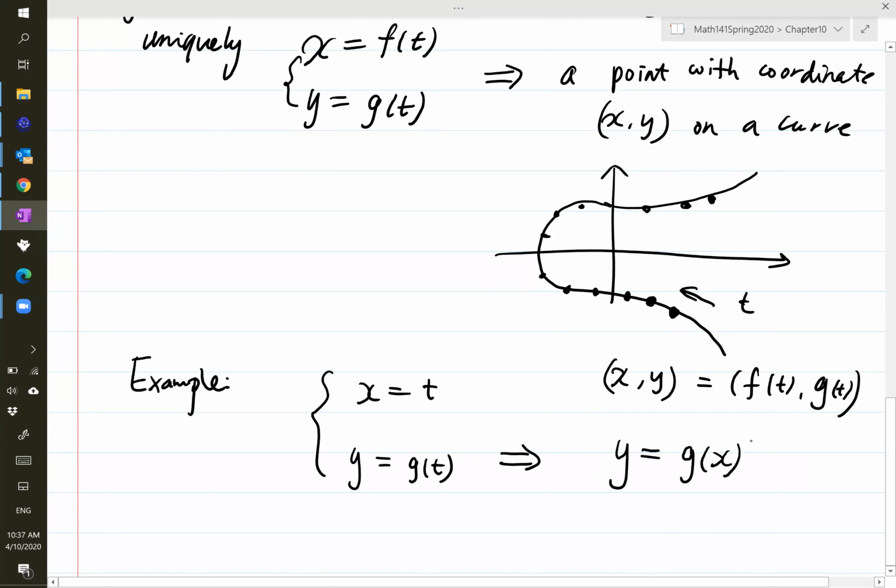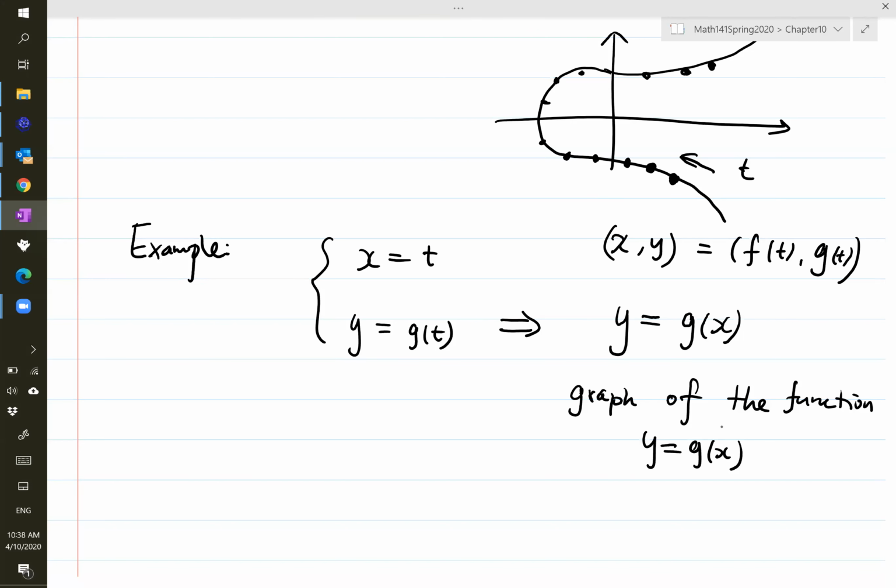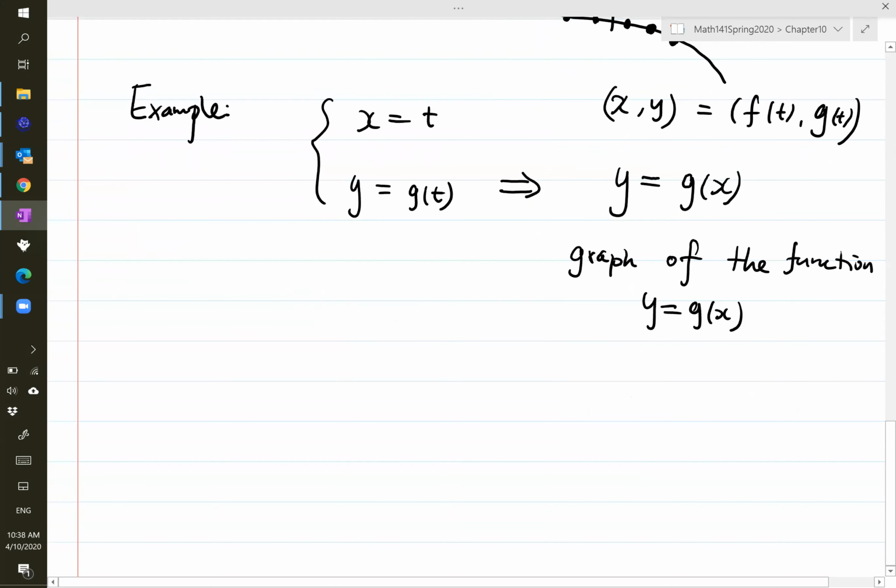So this curve is simply the graph of a function. For instance, the graph of y equals x. Okay, more examples. This is actually a trivial example.